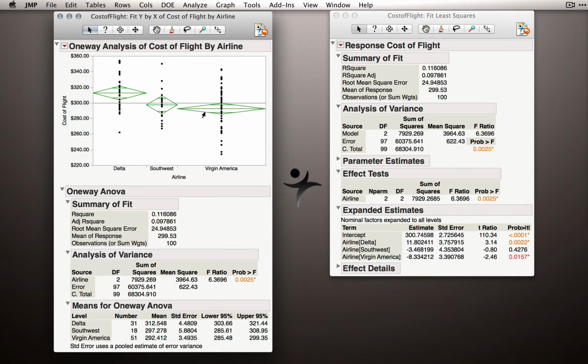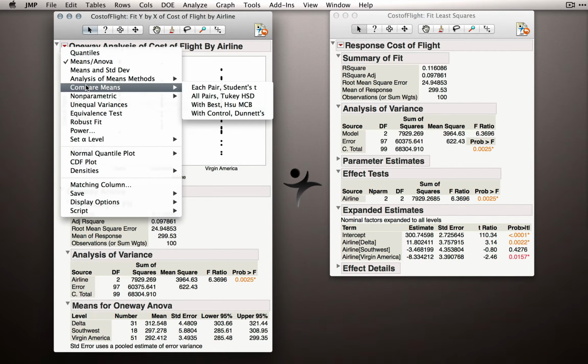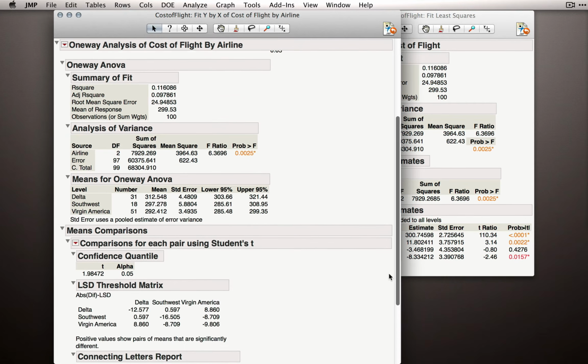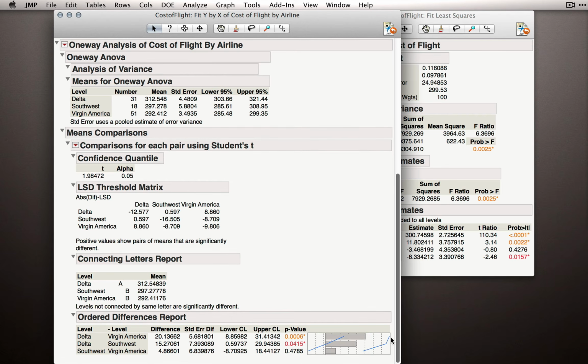So, to produce our pairwise comparisons, we'll go to the red triangle and select an option next to Compare Means. We have several different options, but we're going to talk about the first 2, Each Pair, Student's t and All Pairs, Tukey HSD. Let's start by selecting Each Pair, Student's t. What this will produce is output at the bottom, which shows us the comparisons of each group versus each other group.